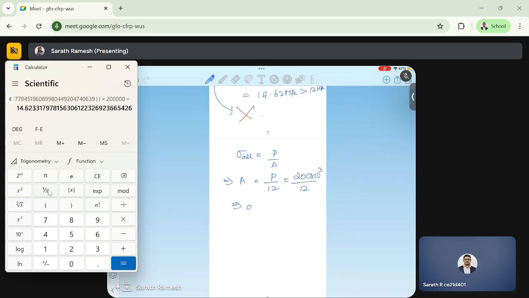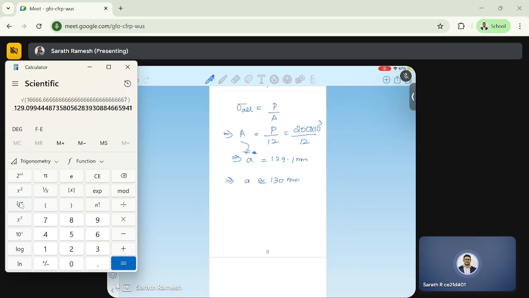This implies A square is 200 into 3 by 12, so square root of this, I'm getting A equal to 129.1 mm. So let's say A equal to 130 rounded off. Okay, so the recommended cross section is 130 mm by 130 mm.